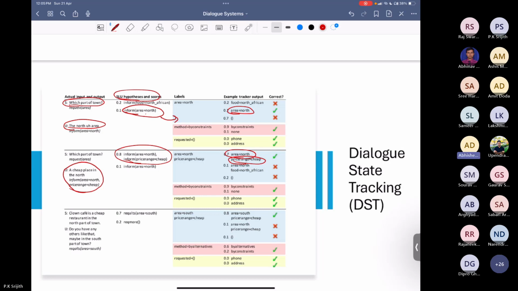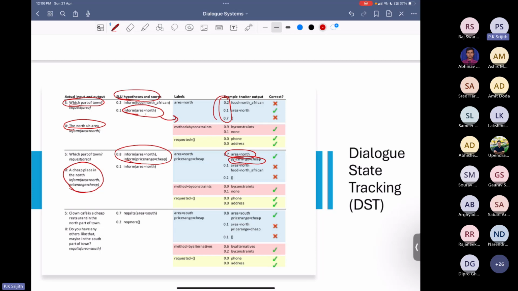Okay, so what is this SLU number 0.2, 0.1? These are the probabilities with which the dialog state tracker is predicting. There are different possibilities it wants to predict, so there's a probability distribution over possible predictions by the dialog state tracker.